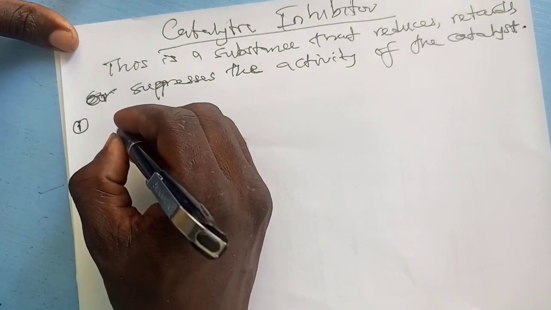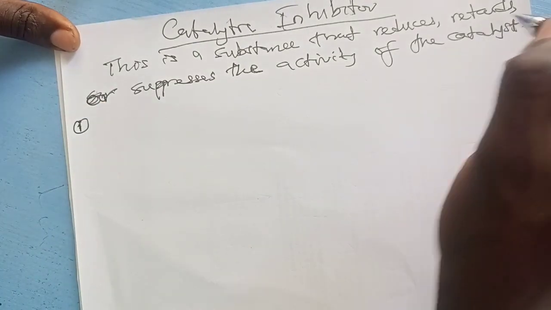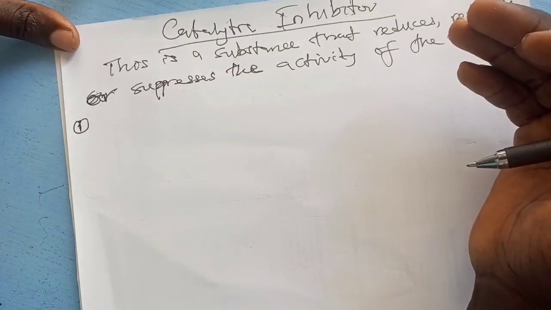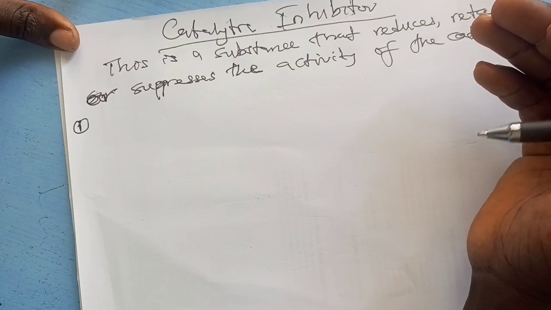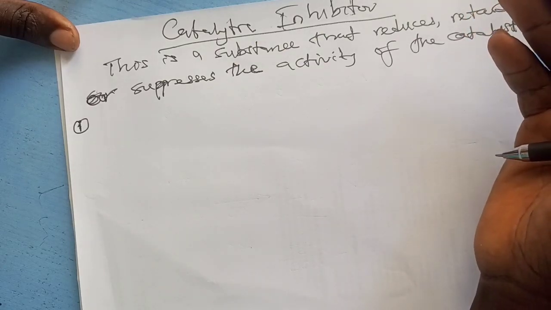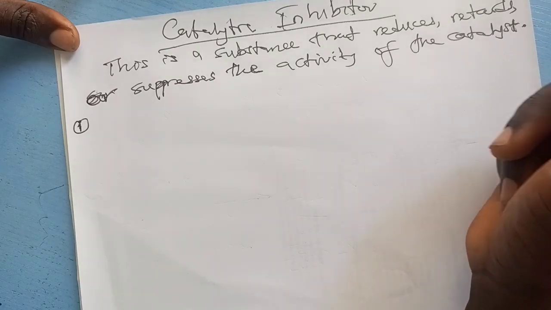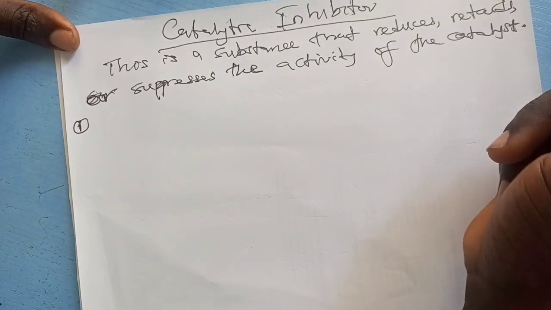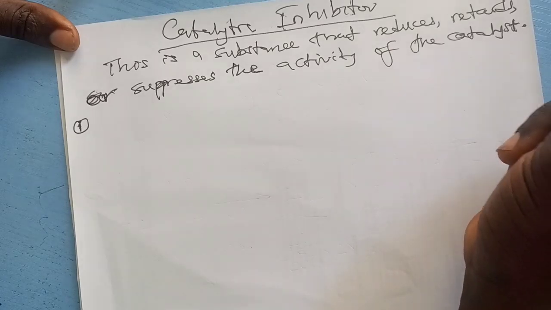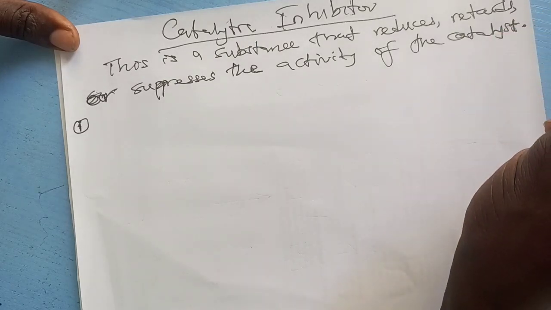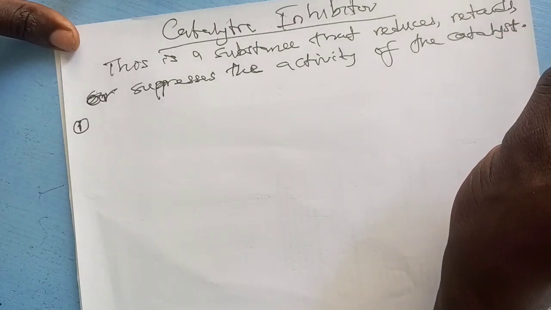Before I give you an example, when we say something reduces or retards or suppresses the activity of the catalyst, it actually means that it is an inhibitor. The catalyst is functioning to increase the rate of reaction, and if the reaction is very fast and you want it to be slow, you introduce an inhibitor called a catalytic inhibitor.